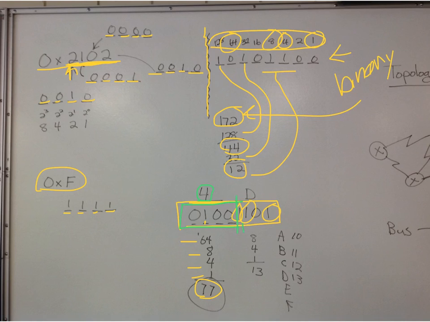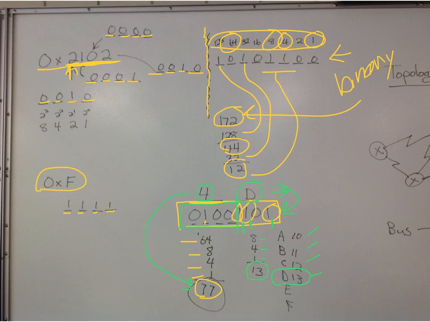And then over here we got one group of 8, one group of 4, and one group of 1. So that's 13, so we mark these off, and 13 would be a D. So 4D, represented as binary, would be this, and represented as decimal would be that.